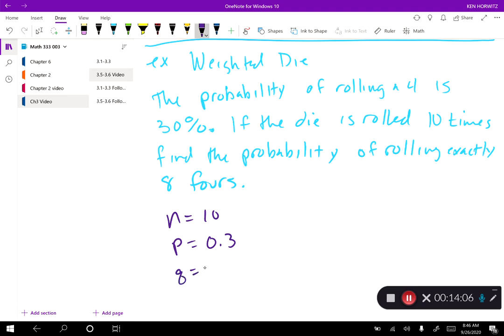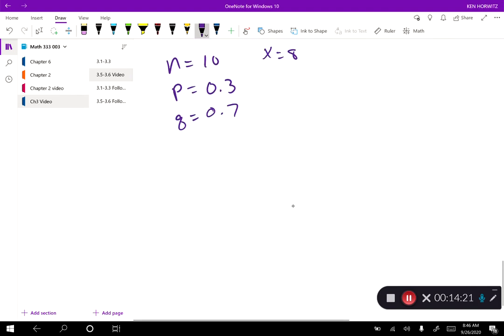Probability of not rolling a 4, which is my failure roll, 0.7. And I'm looking for 8 4s, so my x equals 8. All right, so now that I have that information out of the problem, my formula is P of x equals nCx times p to the x times q to the n minus x.